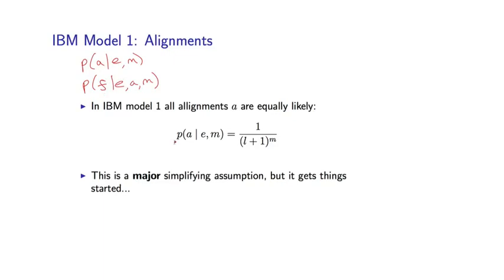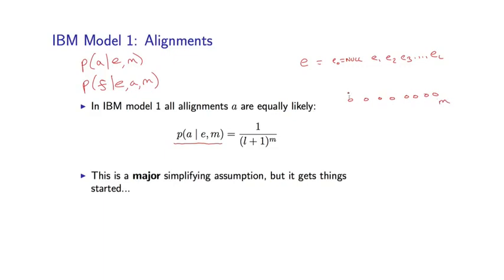So firstly, for the alignment model, IBM Model 1 is the simplest model you could think of, which is just assuming that every possible alignment is equally likely. Remember, we have some English sentence, we have the null word, I'll call that E0, and then E1, E2, E3 up to EL, and then I have some French sentence length, so I have M positions on the French side.